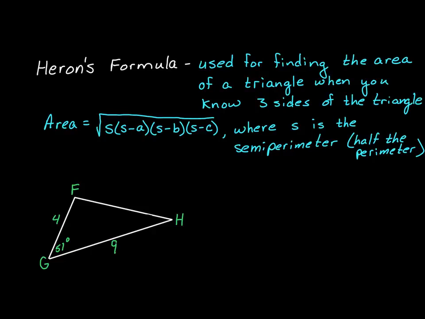All right, so we would like to have a formula for being able to find the area of triangles by using only the length of the different sides, the three sides of your triangle.